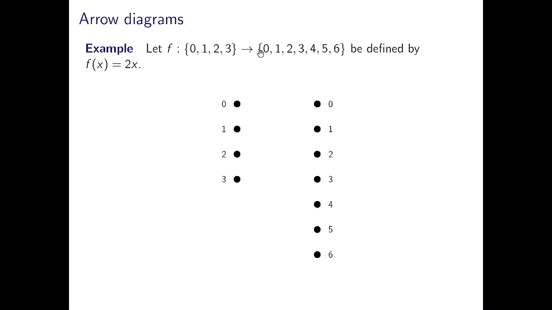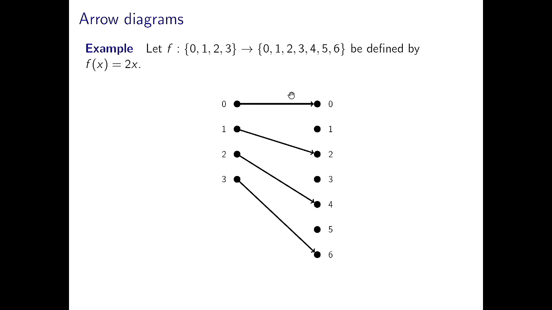There they are. We put a dot on the right-hand side of our page for every element of our codomain, and then we join things by arrows, drawing an arrow from each input to the associated output, right? So this is an arrow diagram of our doubling function.